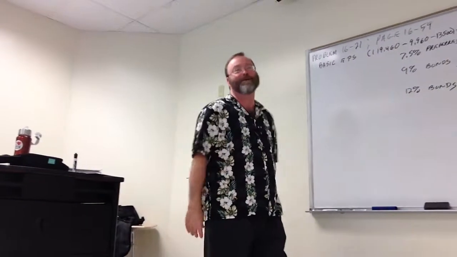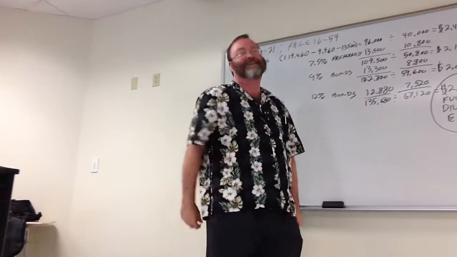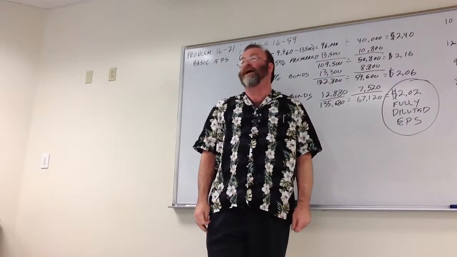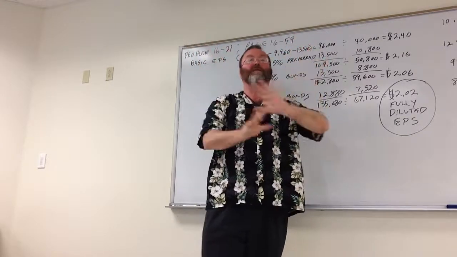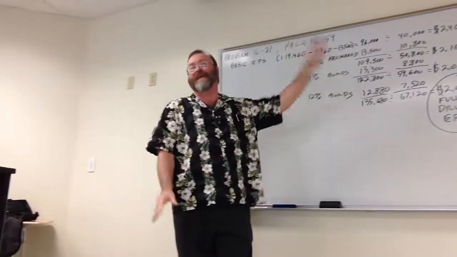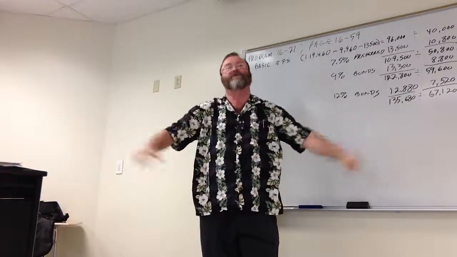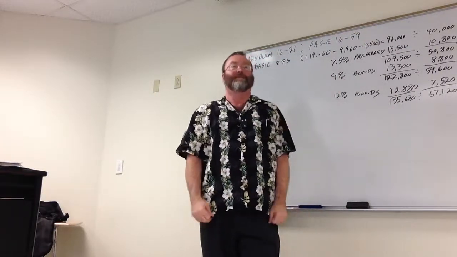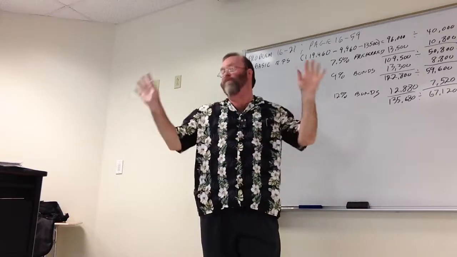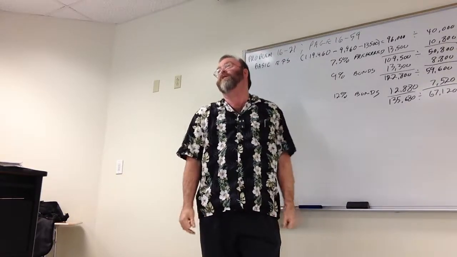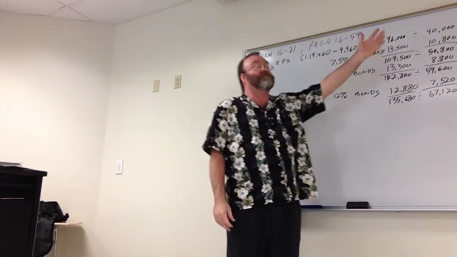See, doesn't it make sense now? A lot more than when we started. I will completely agree. This is without question the most complex chapter in the entire two-semester course. Earnings per share, without a doubt. Especially diluted earnings per share. But it's just systematic.